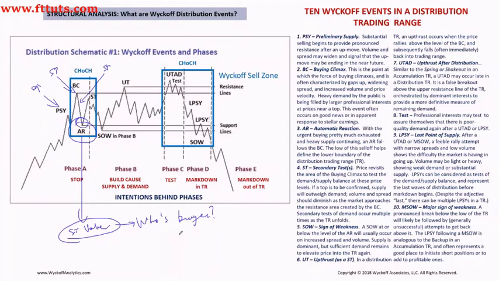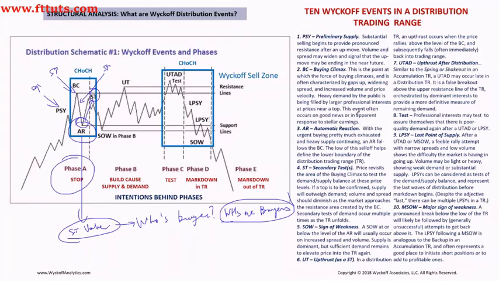So no buying by strong hands. So weak hands are going to be buyers here. And that's what's going to lead to this next weak rally, which is going to be a secondary test. And that would conclude phase A.